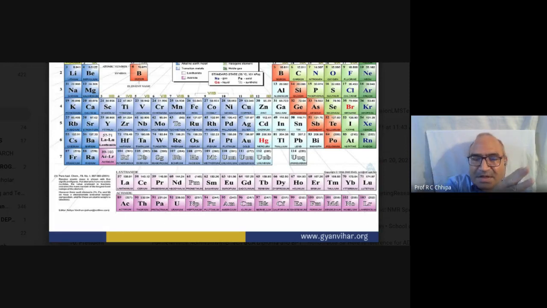On the left side we have group number 1, with hydrogen, and below it lithium, sodium, potassium, rubidium, francium. They easily lose one electron. When we come towards the carbon family, in the case of carbon, hydrocarbons and organic compounds are covalent in nature.